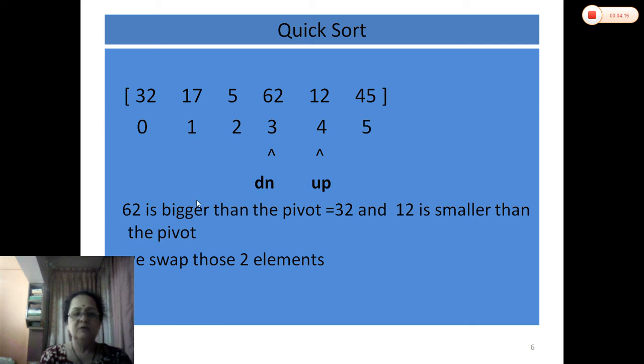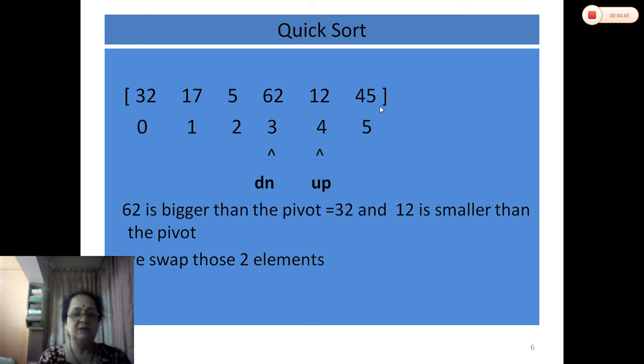So we keep on incrementing down and decrementing up. Now you observe that we have incremented down past 17, because 17 is not bigger than 32. Also 5 is not bigger than 32. And then we got the next element, that is 62. 62 is bigger than 32, the pivot element, so we make down point towards 62.